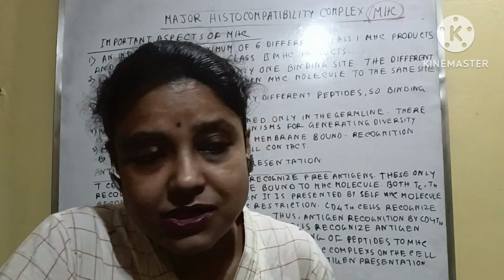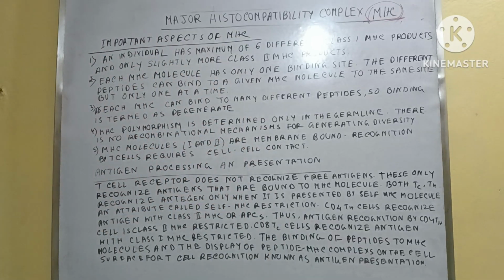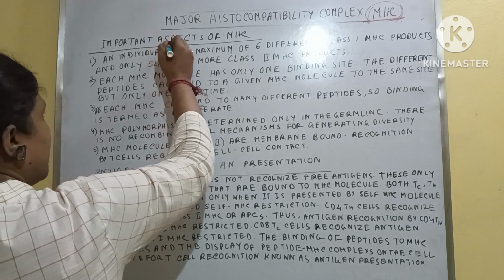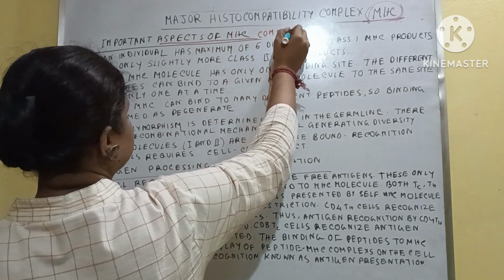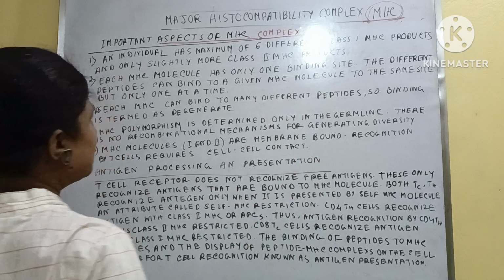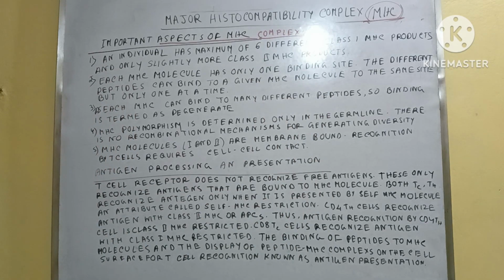Okay, so let's start. This is the second part of the MHC complex. Here we will learn about the aspects of the MHC complex, or MHC molecule. What are the features of the MHC molecule?